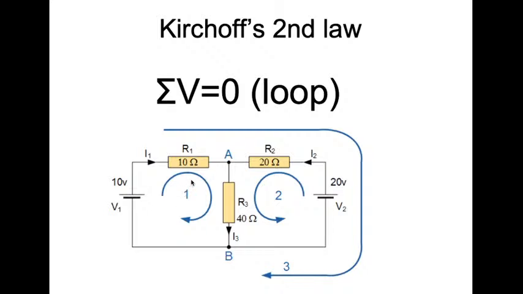Right, and here's where this idea of loops becomes important when we have more complicated circuits where we have multiple cells, multiple loops. So this 10 volt cell means that within this closed loop, we need to have resistance adding up to 10 volts. And in order to actually do that, we need to learn about resistance, right?